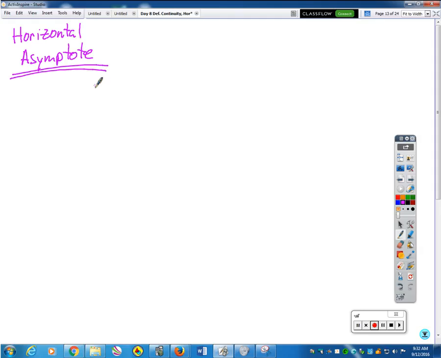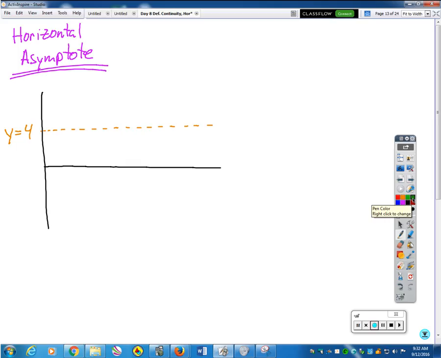A lot of people have the misperception that if a function has a horizontal asymptote, the function will never touch and the function will never cross the horizontal asymptote. Say this is at y equal 4. I've had several students tell me that it is not possible for the function to look like this if the function has a horizontal asymptote at y equal 4.